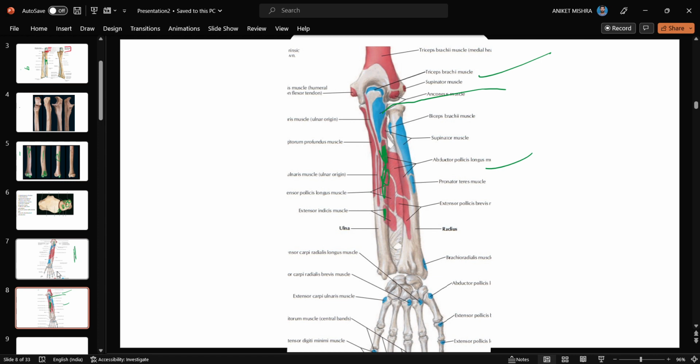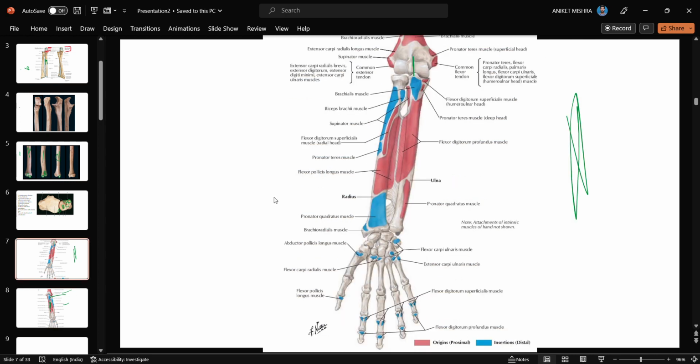When we come to the anterior view, we find that the brachialis muscle also inserts. Here is the brachialis muscle. It inserts into the anterior surface of the coronoid process, including the tuberosity of the ulna.